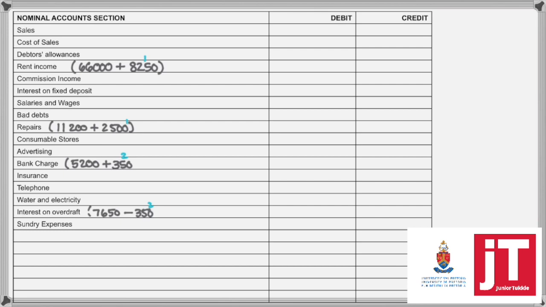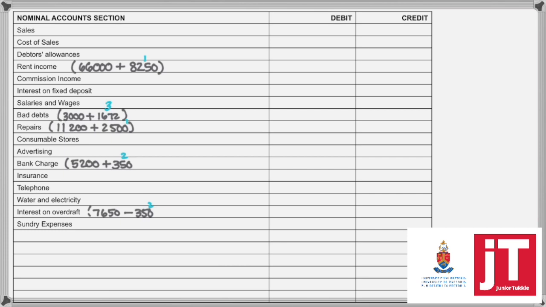Number 3 is the bad debts. So we wrote off bad debts and we received 228 Rand from the estate. So the total debt was 1,900 minus the 228 is the 1,672 Rand that I need to still record here as bad debts. And that is why I added here to bad debts.